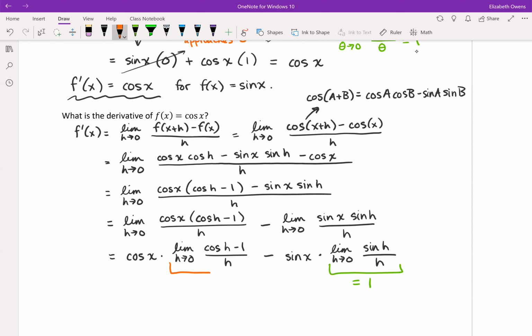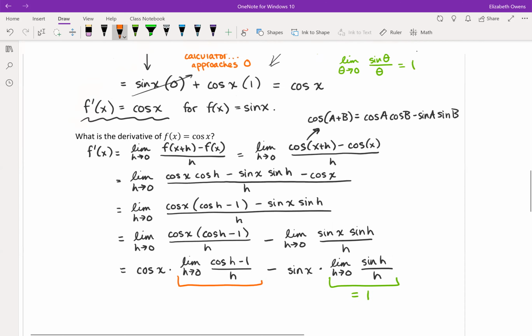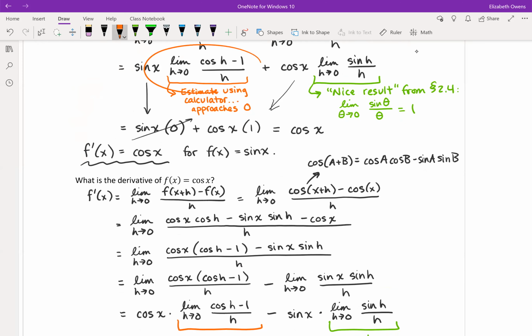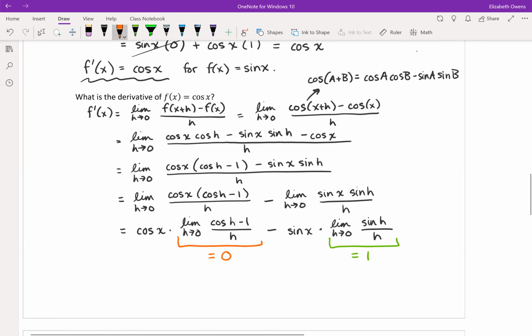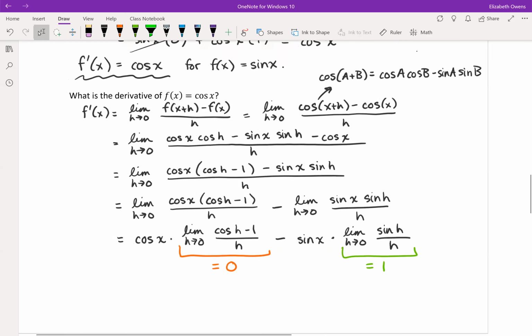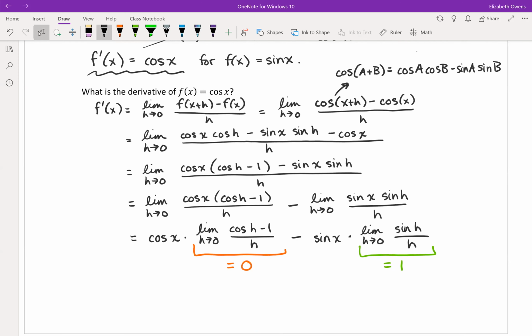And then this limit here, the limit as h approaches 0 of cosine h minus 1 over h, is the exact same thing that was right up here. That one we had explored numerically using a calculator, picking very, very small values of h, and that limit approaches 0. So no need to reinvent the wheel there. We can put in the results that we previously found.